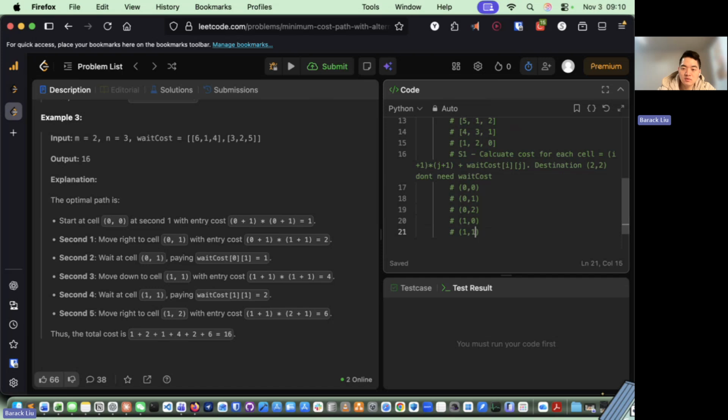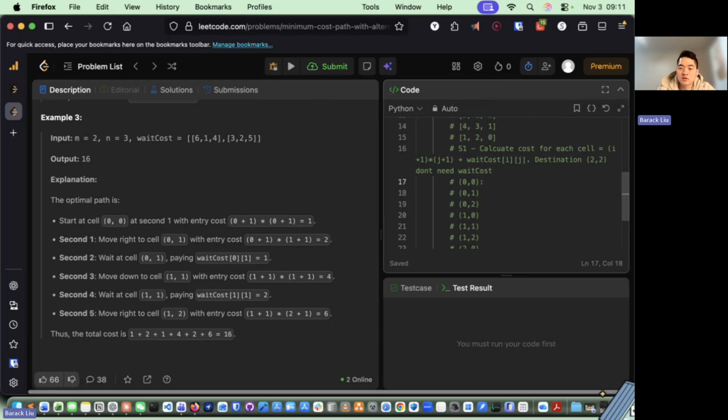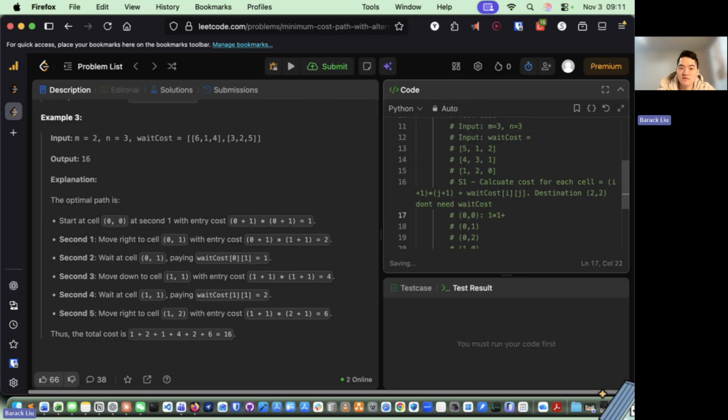Right, 1, 1, 1, 2, 2, 0, 2, 1, 2, 2. Right? So we need to calculate the cost for each cell. The cost will be 1 multiply 1 plus 5.